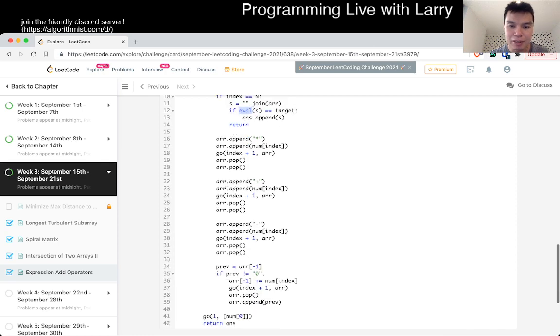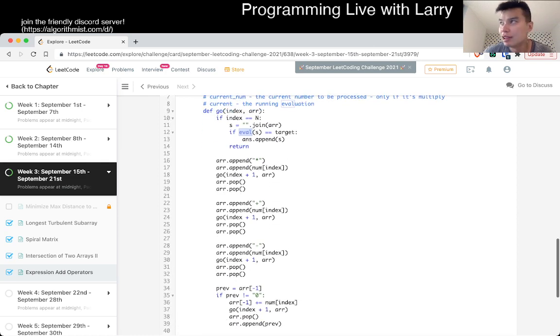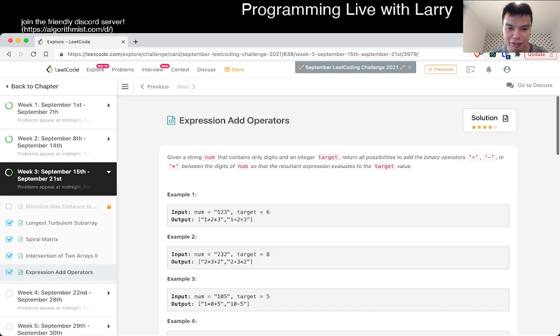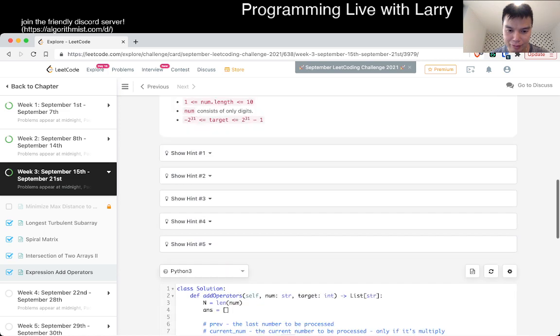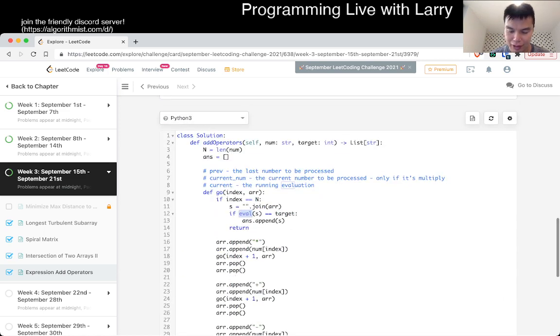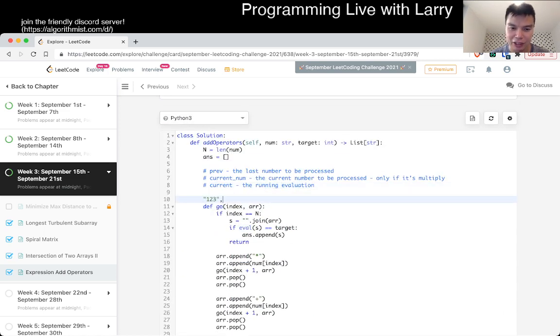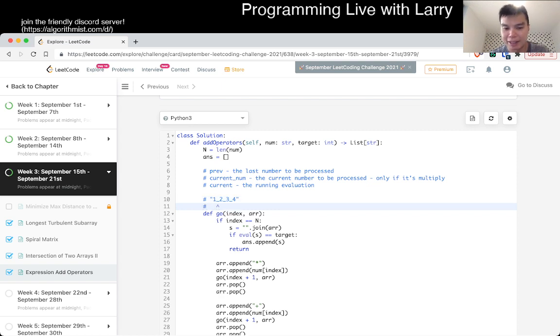Like I said, this is going to be 4 to the 9 because there are 4 possible choices between every number. For example, n can be up to 10, right? So if you write it out like this, for each space in between, it can be plus, minus, multiply, and concat.